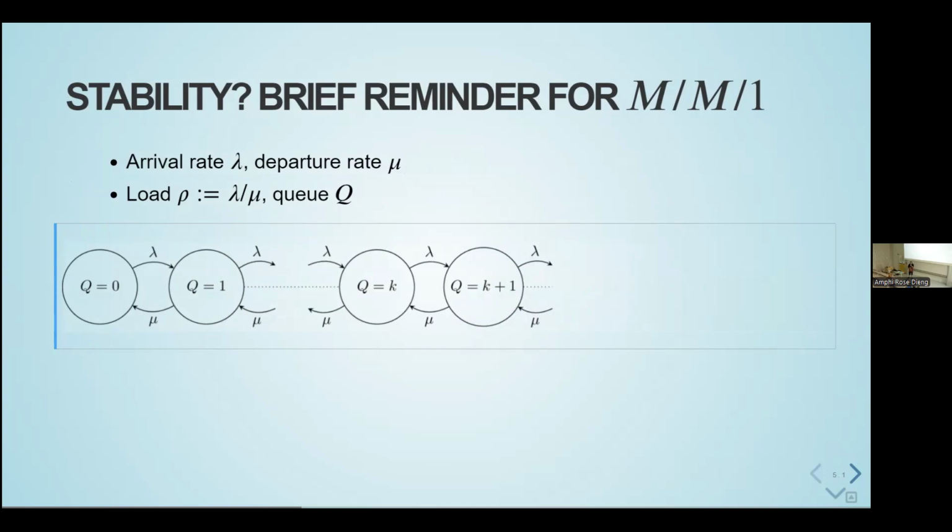And what's the first thing you want to do when you have this type of thing, when you're doing queues? Okay, I've got an infinity of states. Are we stable? It's kind of a Pavlov reflex when you're from queues, it's the first question you ask: are we stable? So in the case of M/M/1, it's very simple. If the load is less than 1, you're stable and you are happy. If it's more than 1, you're not happy because it's unstable and the size of the queue grows to infinity.